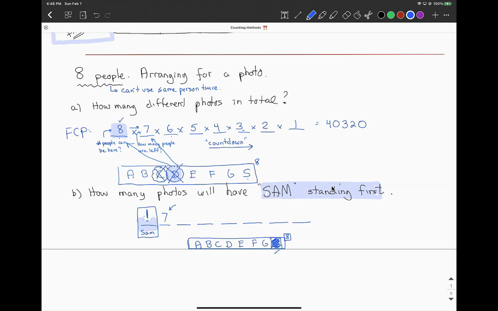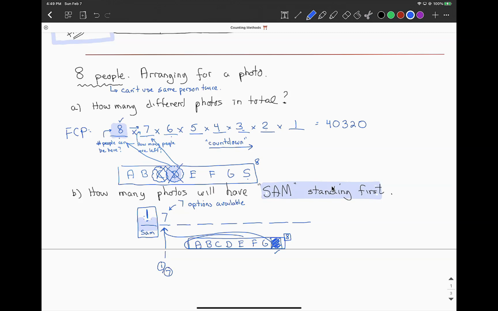This does not mean we're picking all 7 people to be here. It means that currently there are 7 options available. As in, there would be a 1 in 7 chance of you being picked to stand next to Sam. 1 in 7 chance, because only one person is being picked out of the total 7 that are available.